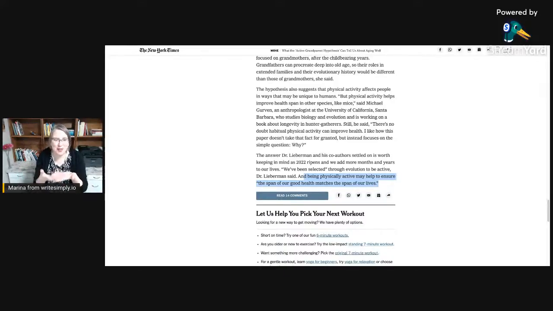So that is the primary reason that they've been getting at through this whole article, this whole opinion piece. Sometimes, like in this article, they have one primary reason, as in the lifespan and the health span. You're trying to get those to be the same.